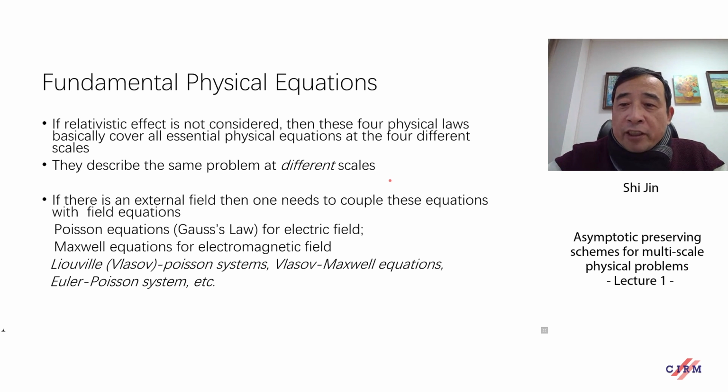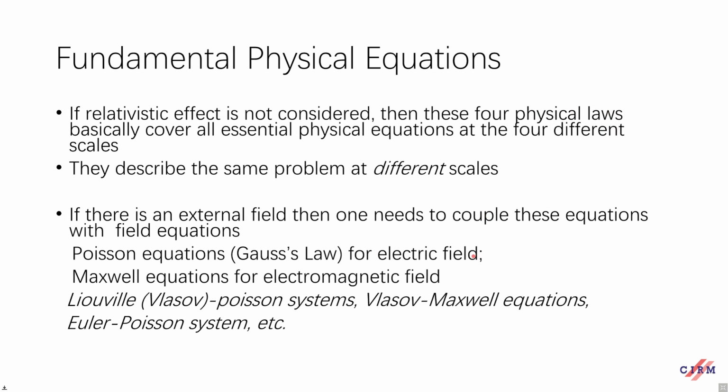However, that's not the whole physics, right? If there is an external field, then you have to couple these equations with the field equations. For example, if you have an electric field, then you have to couple this equation with Gauss's law, Poisson's equation for the electric field. Okay, and if you have an electromagnetic field, then you have to couple these equations with Maxwell equations.